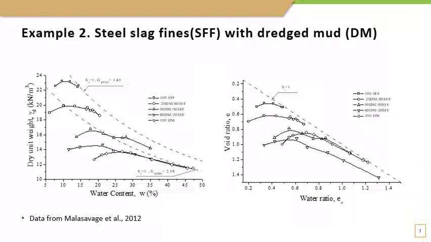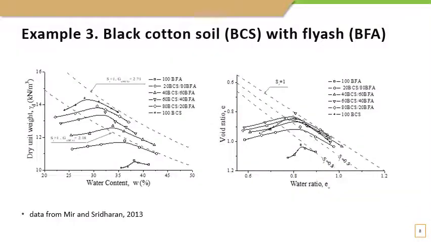Here we have another example, in this case a mix of black cotton soil and fly ash. Again, you can see that the materials are quite far apart, and we have the same problem with different specific gravities and different mixes. However, when we plotted in the void ratio and water ratio representation, we can see that the degree of densification is actually quite comparable.